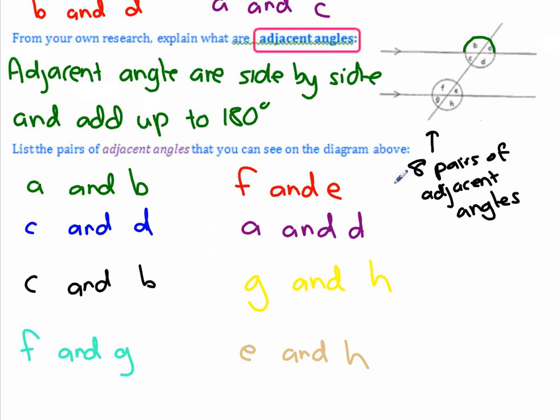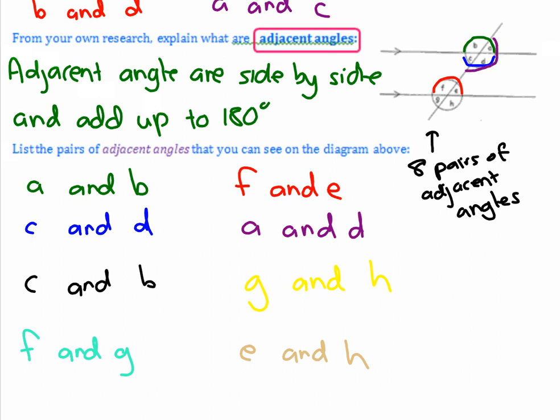We also have F and E, adds 180 degrees. The common mistake is some people might think they're equal, but they're not. They add to 180. C and D, we also have. And we have A and D. So we have A and D as well.